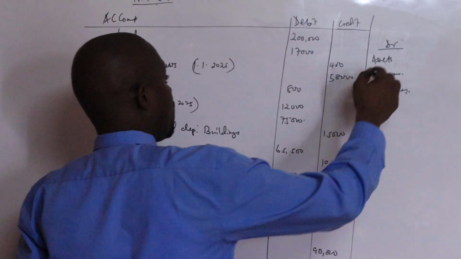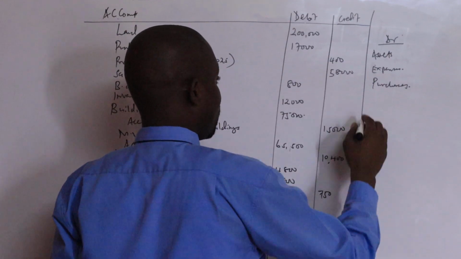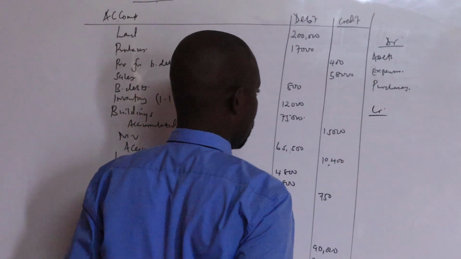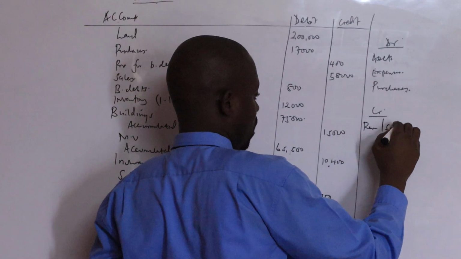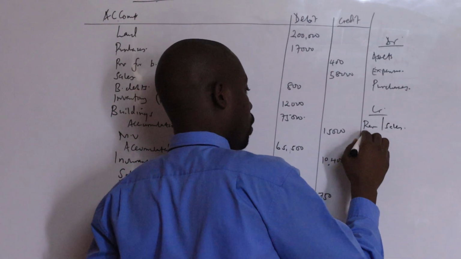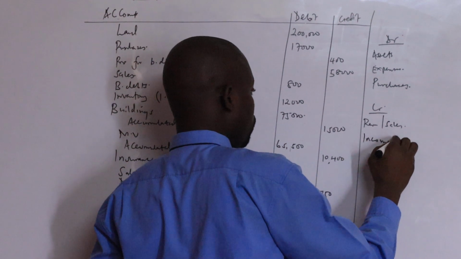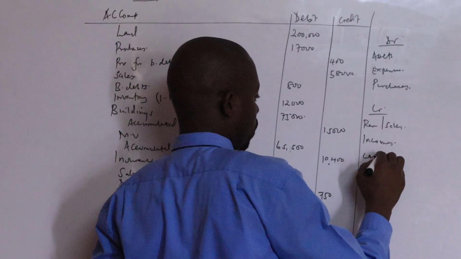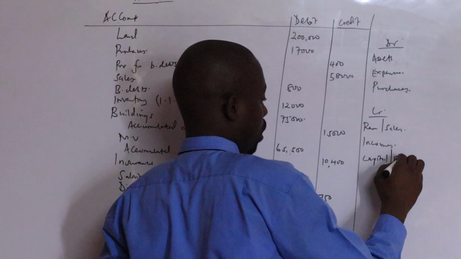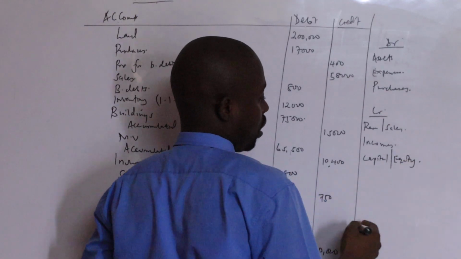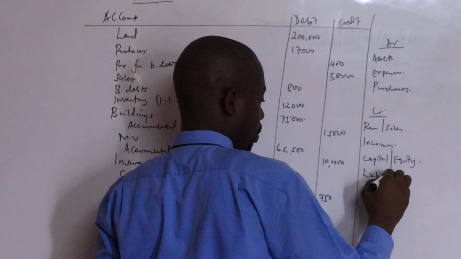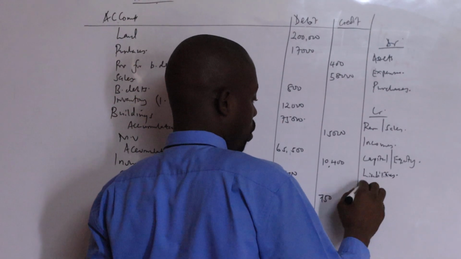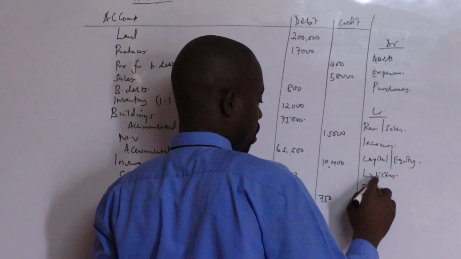So on the debit column we have assets. On the credit we have the following: revenue, that is sales. We've got incomes. We've got capital, or what we call equity, shareholders' funds. We've got liabilities, both short-term and long-term. On top of that, we have what we call provisions.